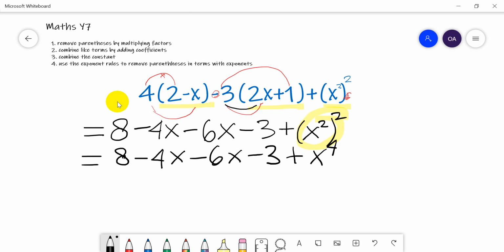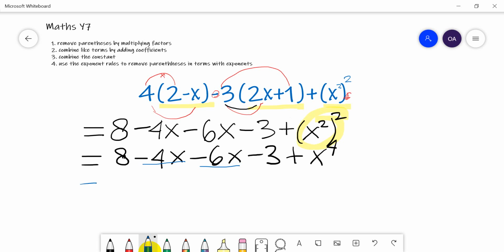After that, the next step is simplifying by looking for the like terms. Let's identify the like terms and combine them together. We have negative 4x and negative 6x. They are like terms because they have the same variables.